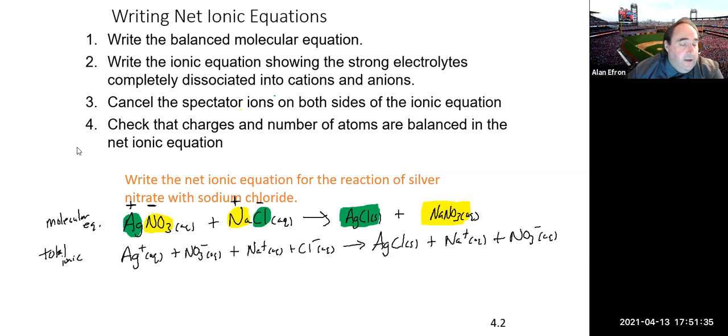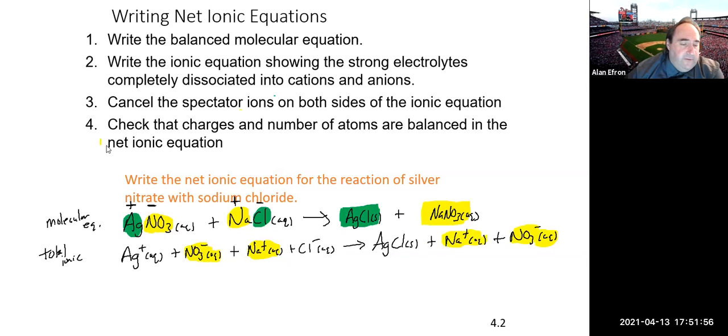Again, in our total ionic equation, that is where we should be able to identify our spectator ions. So if we look at this, I see nitrate on the left, I see nitrate on the right, I see sodium on the left, looking exactly like the sodium on the right.